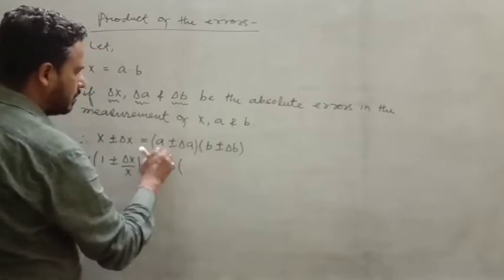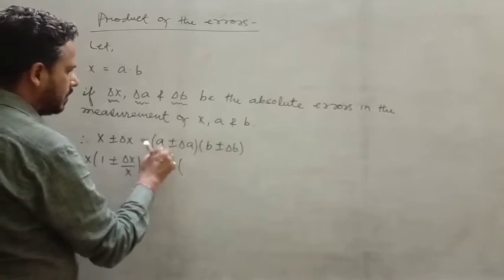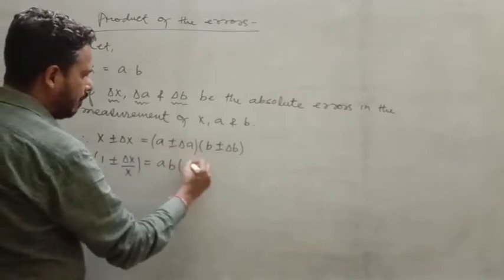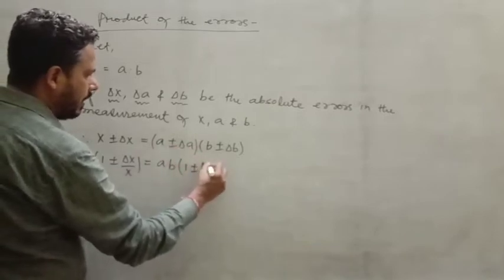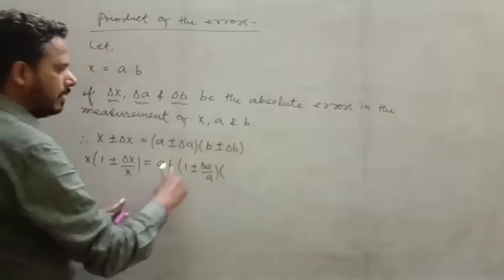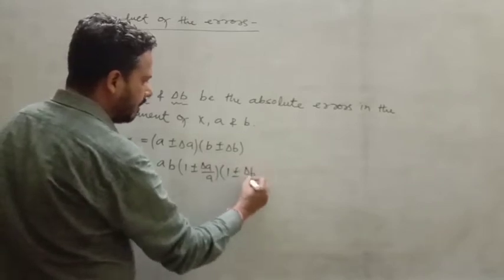After taking a outside, you will get 1 plus minus delta a by a, and from here you have taken b outside, therefore 1 plus minus delta b by b.